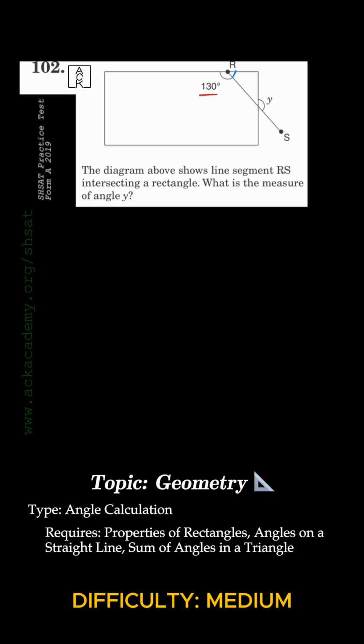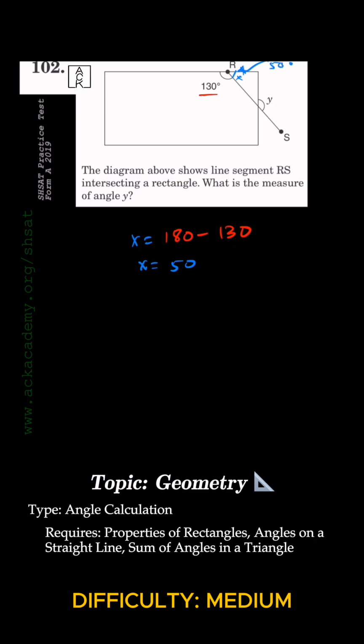Let's call it an x here. X is equal to 180 minus 130. X is equal to 50. Alright, so this guy is equal to 50 degrees.